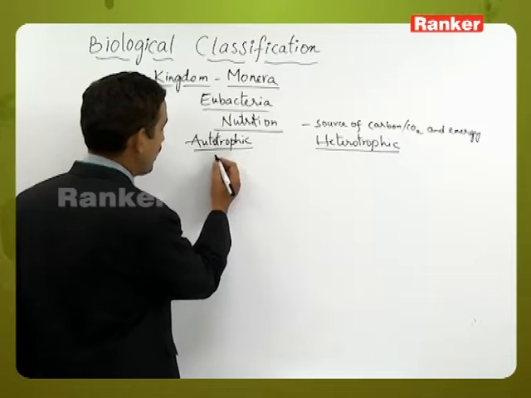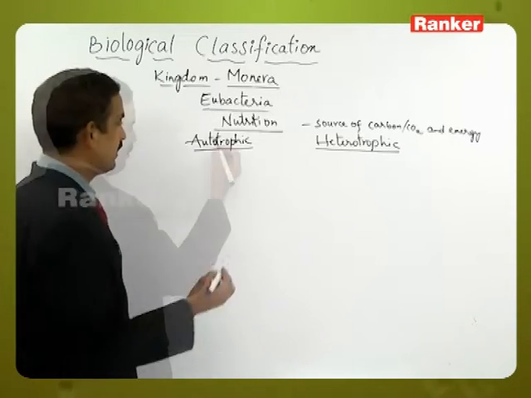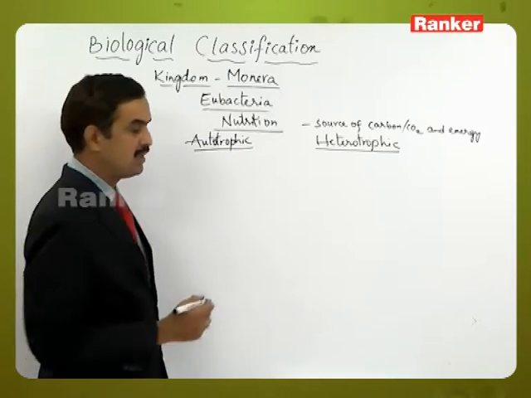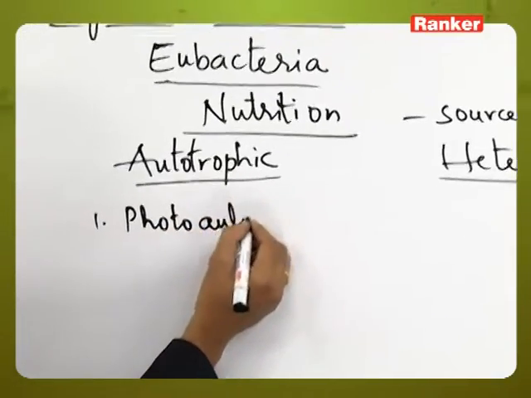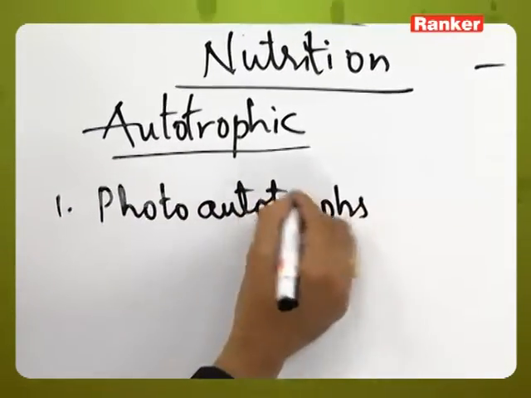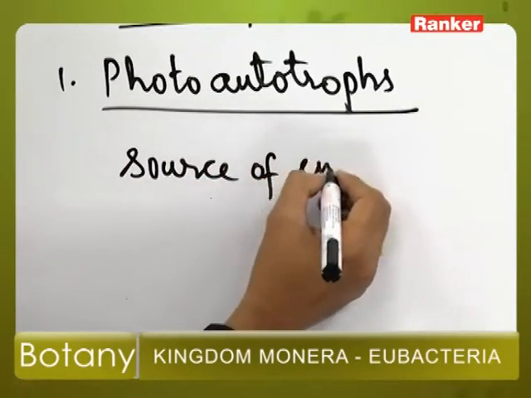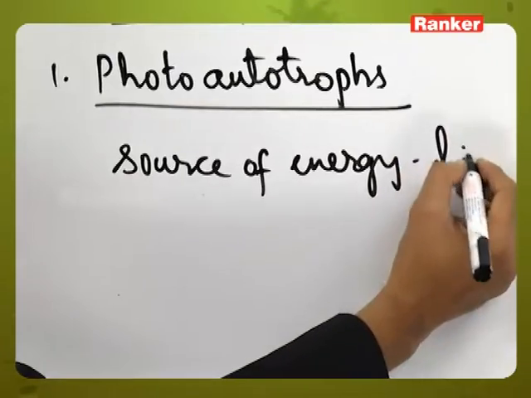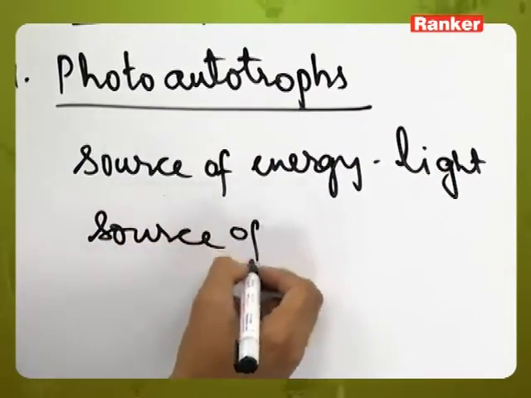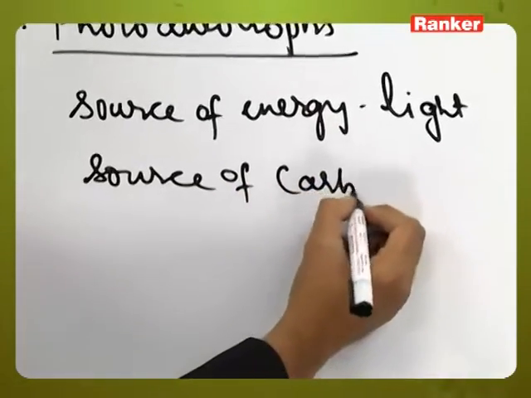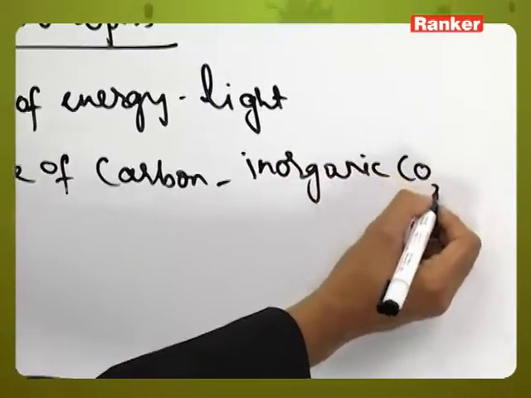So let us start with the first one, autotrophic, which can prepare their own food materials by performing either photosynthesis or a chemosynthetic process. Let us start with photoautotrophs. Here photo means light, that is the source of energy in these bacteria is light, and the source of carbon is inorganic carbon dioxide from the atmosphere.